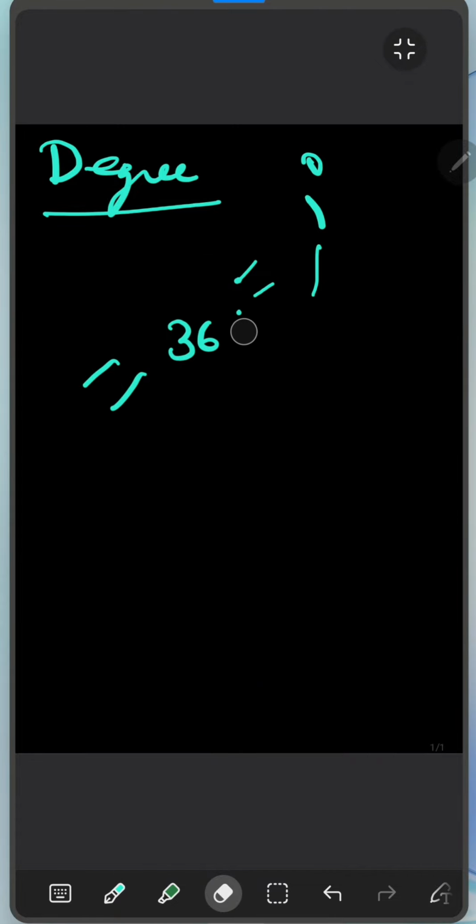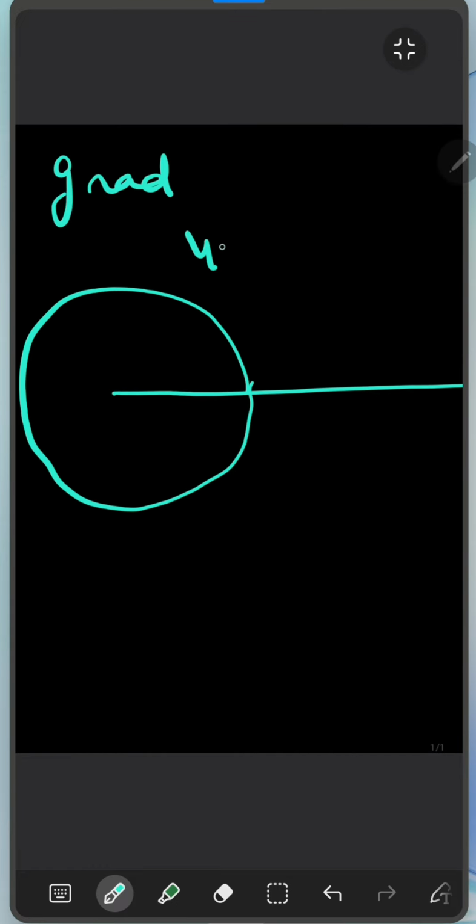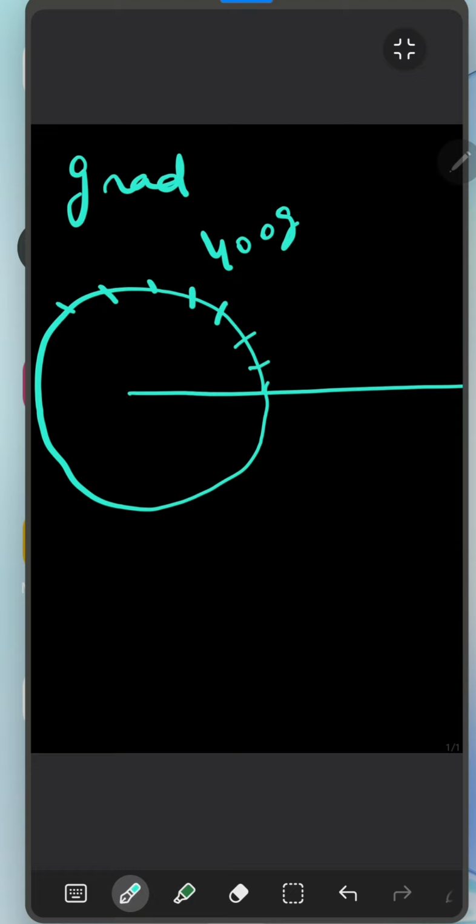In case of grad, this whole angle is of 400 grad. If we divide this total value of 400 grad into 400 parts, then one of its parts will represent 1 grad.